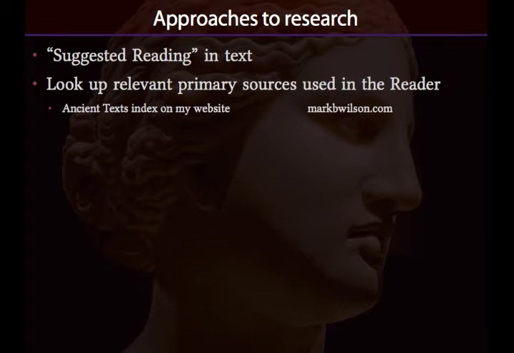The relevant primary sources, if you want to look for the full versions, you can usually find them via the ancient text link on my website in English, or of course in the original Greek or Latin, if that is useful to you.